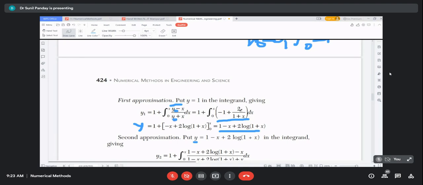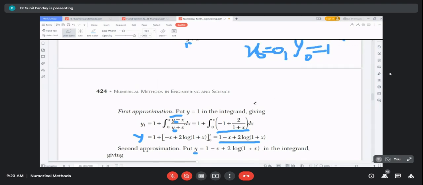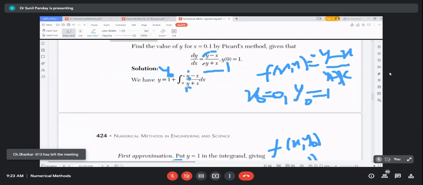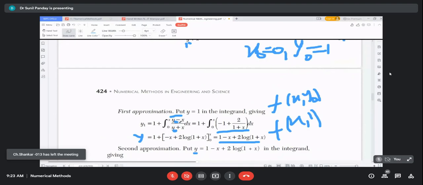Actually, this is y naught, so we have to take 1 everywhere, wherever there is y. So like minus 1 plus 2 upon 1 plus x. This y is actually 1. We are substituting in this f of x, y. Initially we required this f of x, y naught. So wherever y is there, we have to replace y by 1 and then simplify, we will get this.